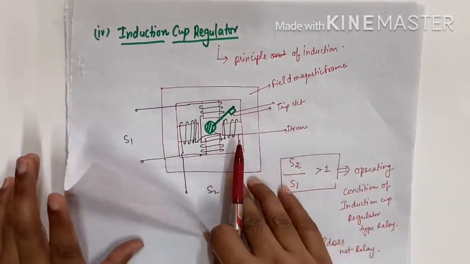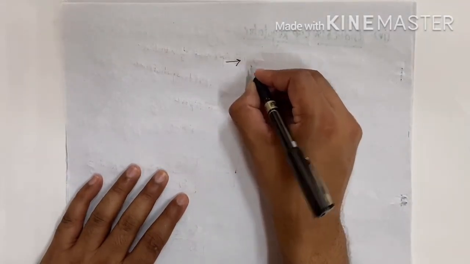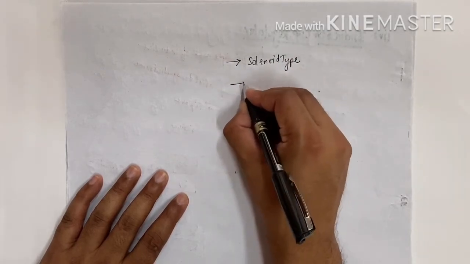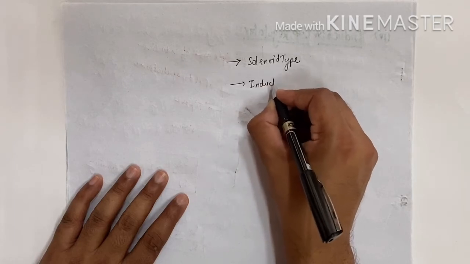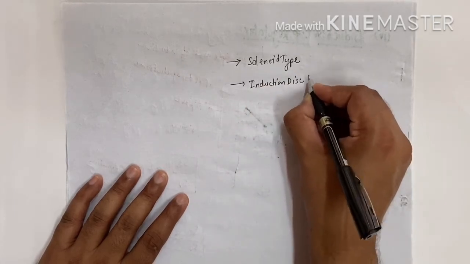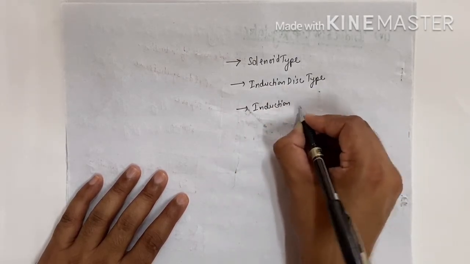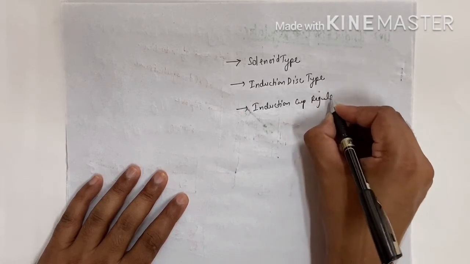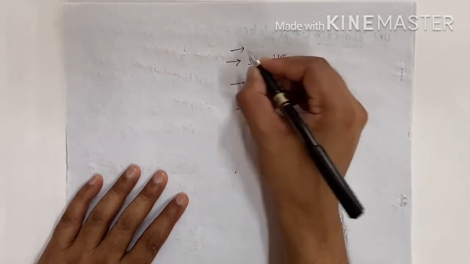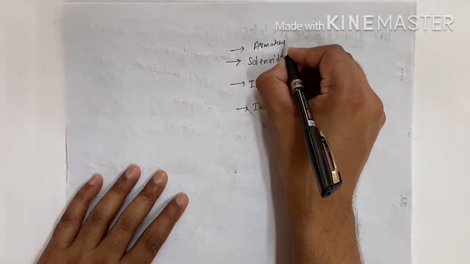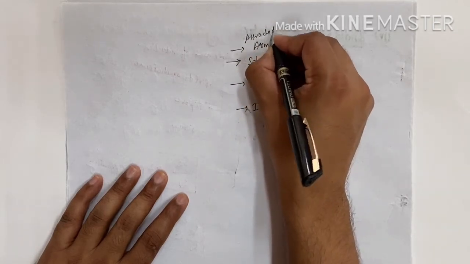So in this video we will revise the concept one more time. Firstly, we discussed the solenoid type. After the solenoid type we discussed the induction disc type, and after that the induction cup regulator type. Before the solenoid, in the previous video, we discussed the attractive armature type relay.